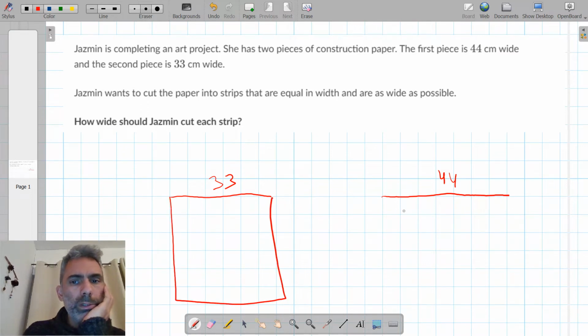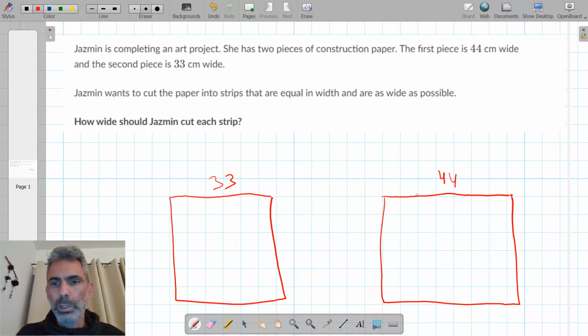So if this is the first piece and this is the second piece, we want to know what is the greatest common factor of 44 and 33.